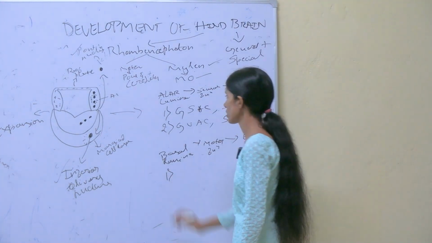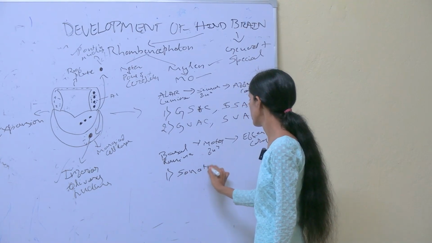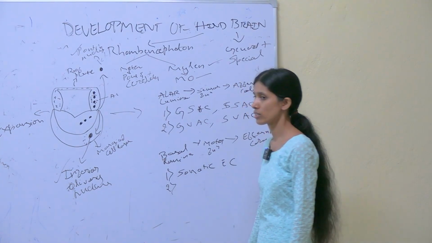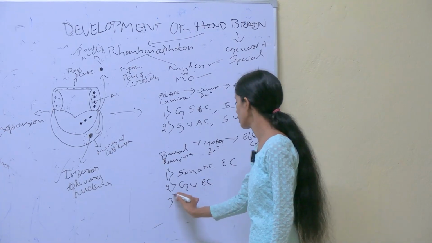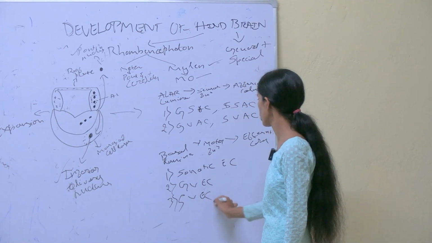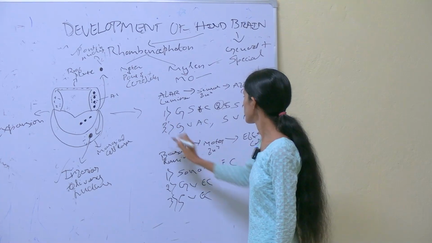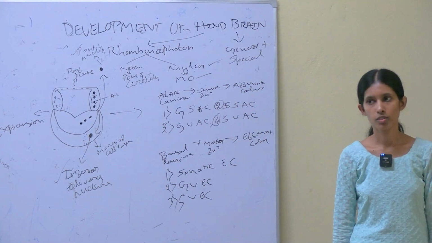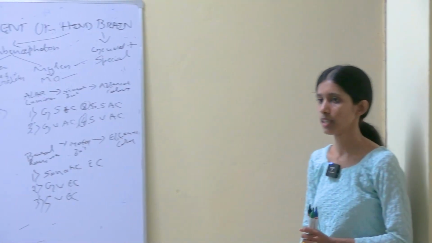The first one is somatic efferent column, the second one is general visceral efferent column, and the third one is special visceral efferent column. These are the total 7 columns of your developing hindbrain.